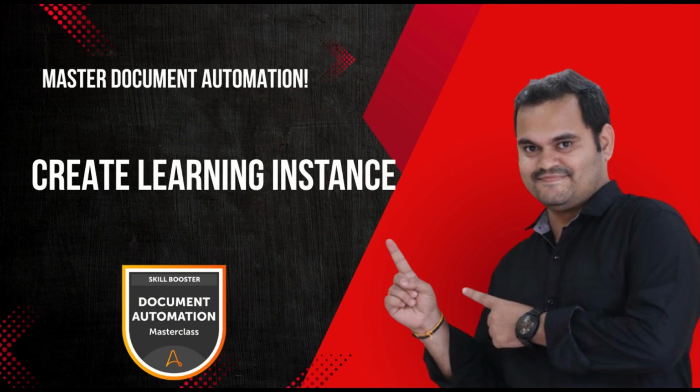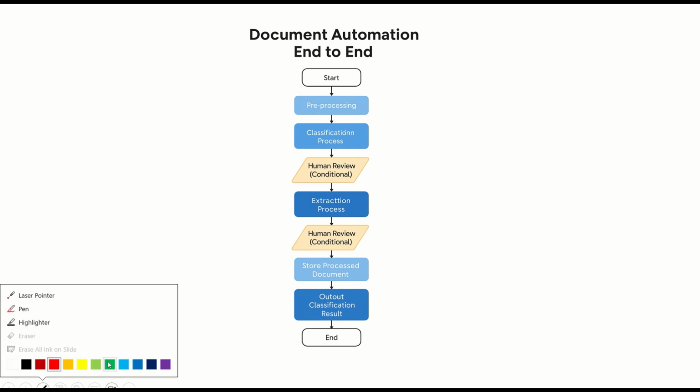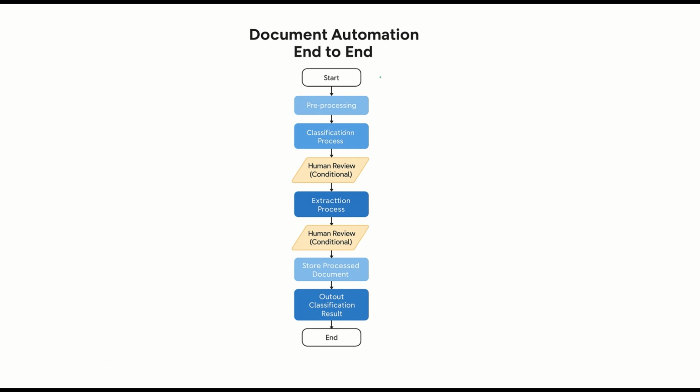So let's understand what exactly we covered till here. The first thing is we covered how we can create a document Copilot form to get a document from the user in the starting section. After that, we completed pre-processing your document using pre-process technology to enhance your images or PDFs.